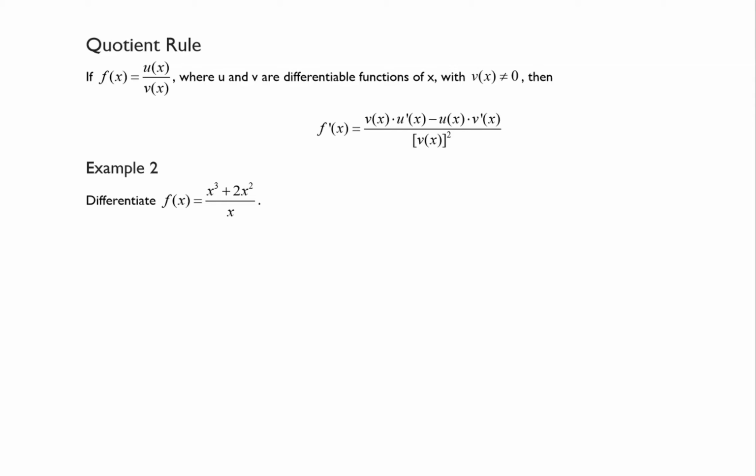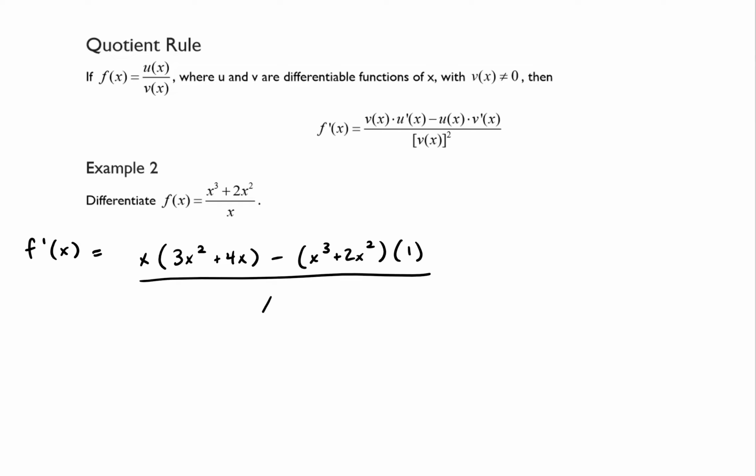Example 2 says, differentiate f of x equals x cubed plus 2x squared all over x. If we're using the quotient rule, that's going to tell us that we want the bottom function times the derivative of the top, which is 3x squared plus 4x, minus the top times the derivative of the bottom, which is 1, all over the bottom squared.